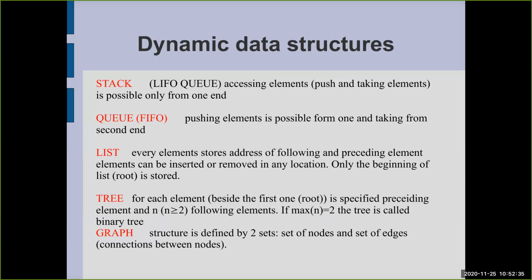So there are stack, queue, list, tree, and graph. These are the five most commonly used or basic dynamic data structures we can implement. Of course, they are used depending on the application. For some applications, we use stack, queue, list, tree, and graphs.